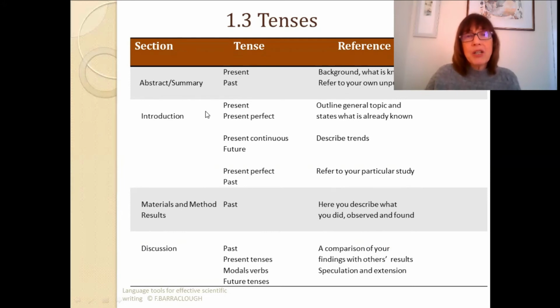In the introduction, obviously, we will be using the present and present perfect to outline the general topic and state what is already known. We might be using the present continuous and the future to describe trends, and the present perfect and past to refer to our own particular study.